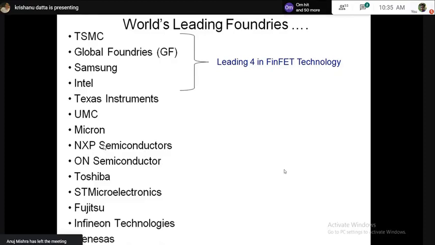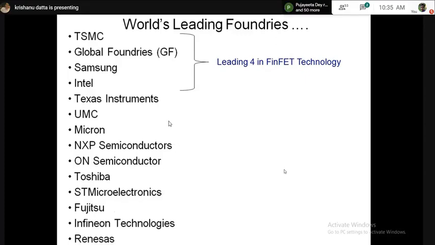This is basically the semiconductor division of Philips. ON Semiconductor is another very famous company. Toshiba is a Japan-based company. ST Microelectronics is a Europe-based company. Micron is US-based. You are right. Then Fujitsu is Japan-based.